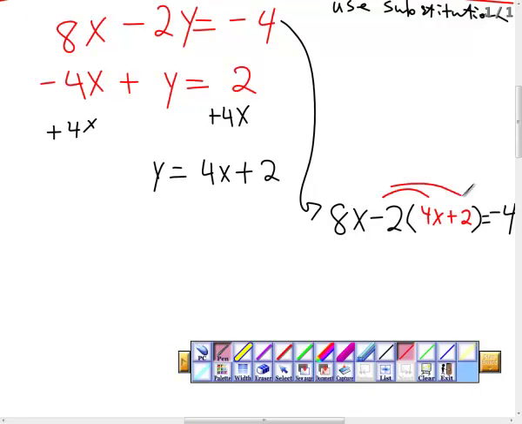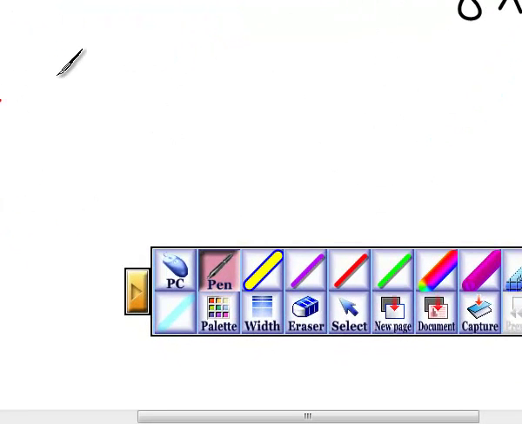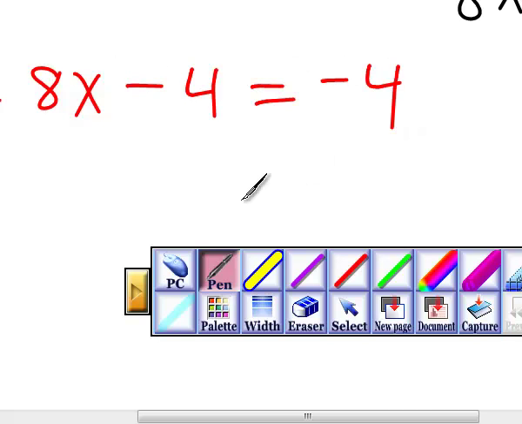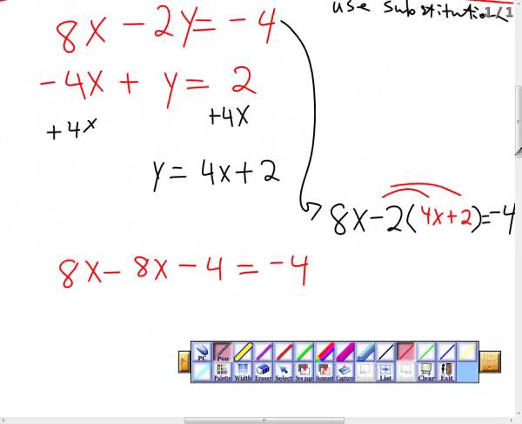And so we distribute that 2. And so this is going to be 8x minus 8x again. Negative 2 times negative 2 is going to be a minus 4 equals negative 4. Well, what happens to the x's here? They cancel, right?